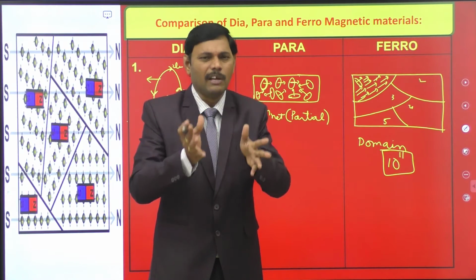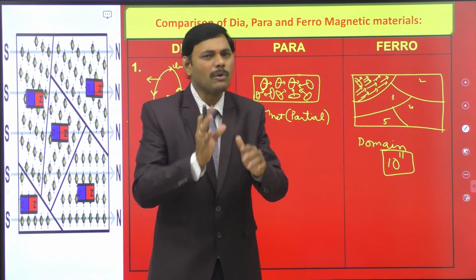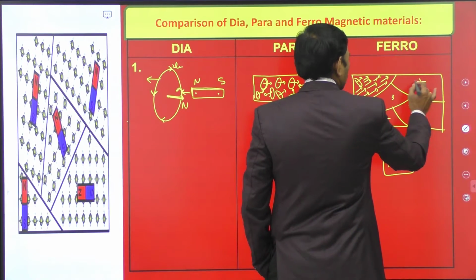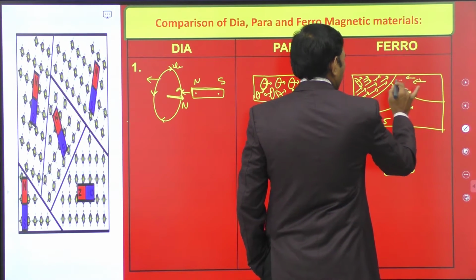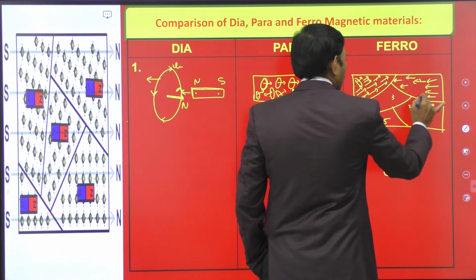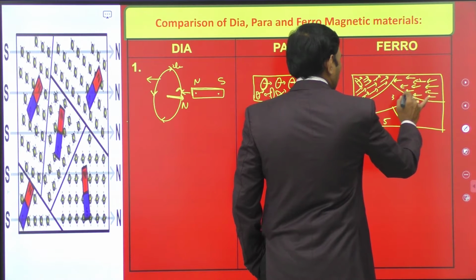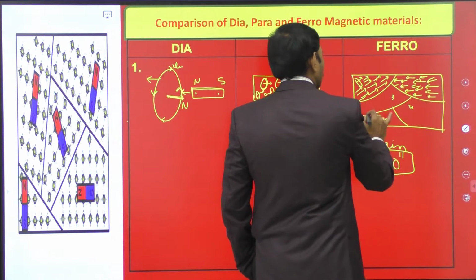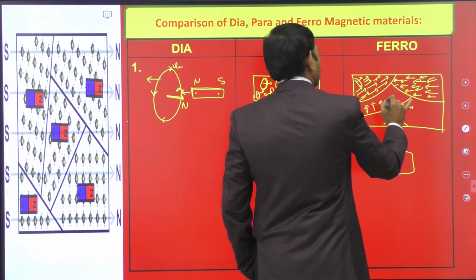Domain structures are present in ferromagnetic substances. Here this second domain may contribute magnetic moment along this direction, but all the atoms, in the order of 10 power 11, contribute magnetic moment in the same direction. This one may contribute along this direction.